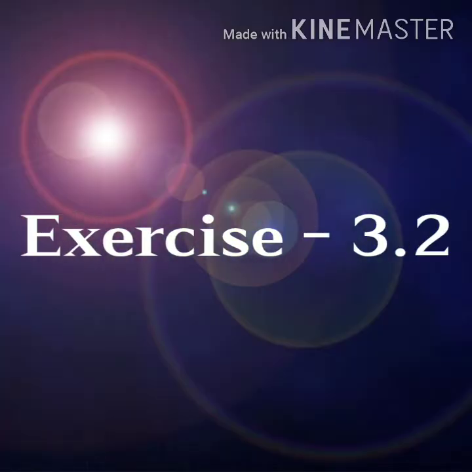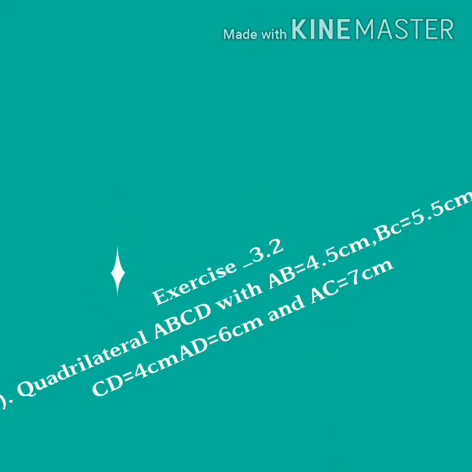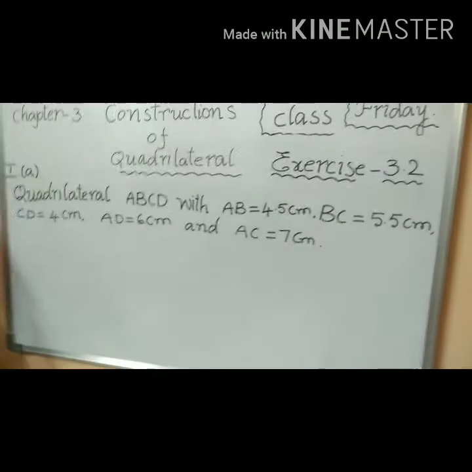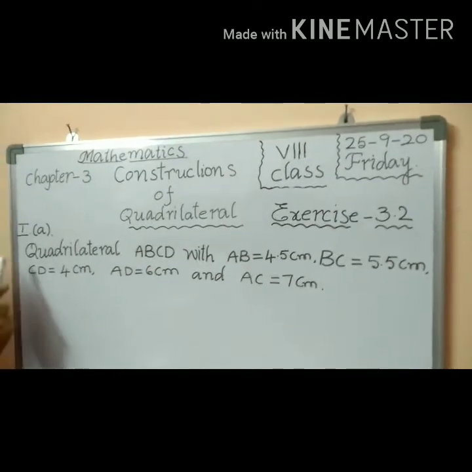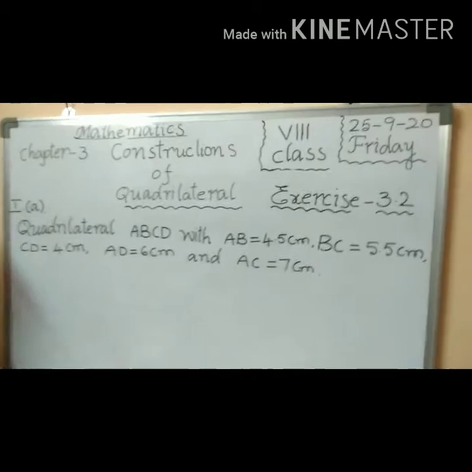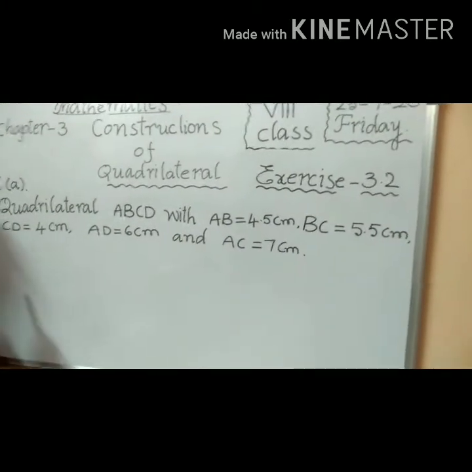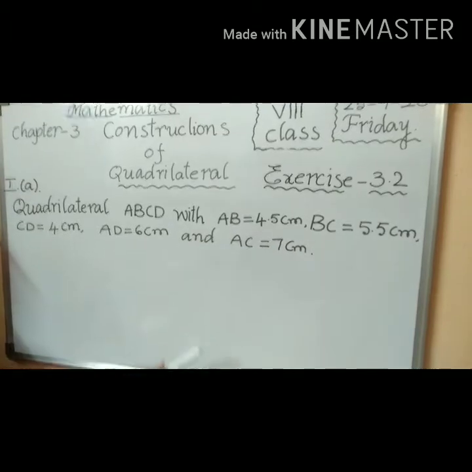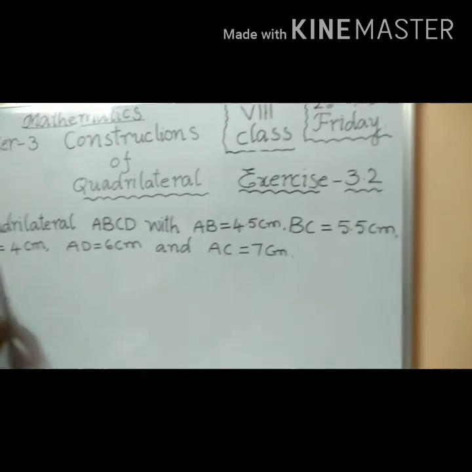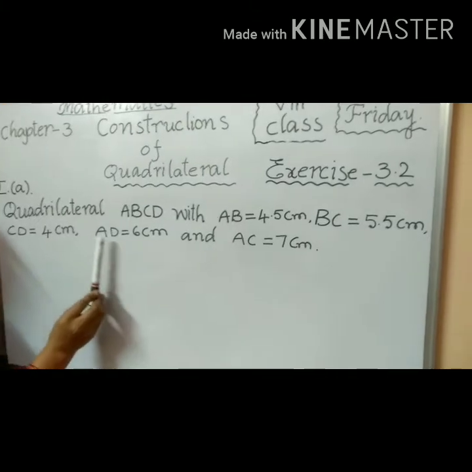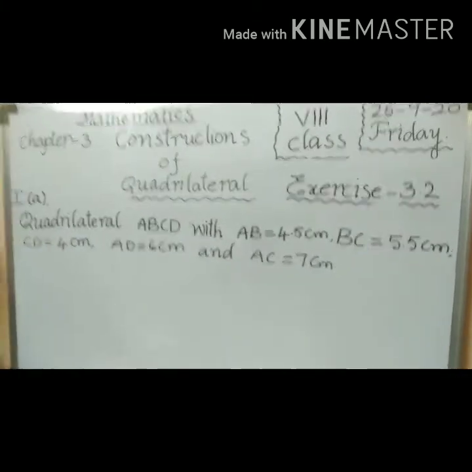Next, exercise 3.2, the first problem: quadrilateral ABCD with AB equal to 4.5 centimeters, BC equal to 5.5 centimeters, CD equal to 4 centimeters, AD equal to 6 centimeters and AC equal to 7 centimeters.